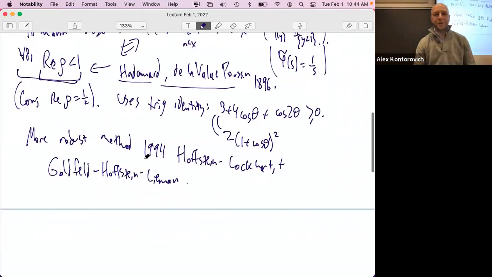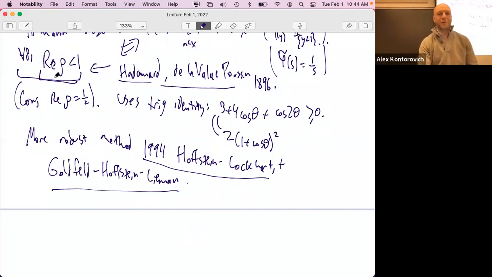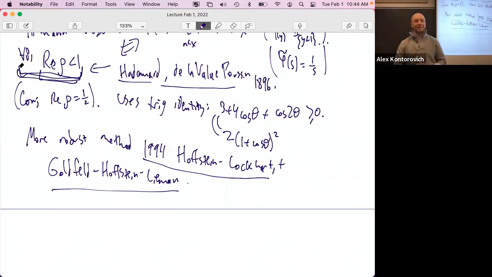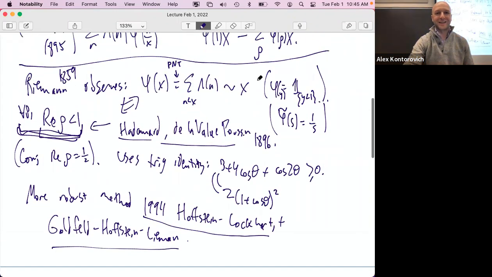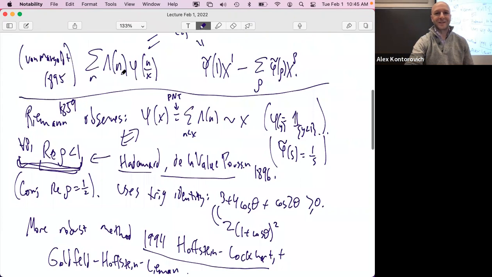So this is what I want to explain quickly: how to prove that there are no zeros on the one line. I'll give a brief sketch, and then I'll show you how to use that to smooth and unsmooth, since that's what you guys asked about, this expression.